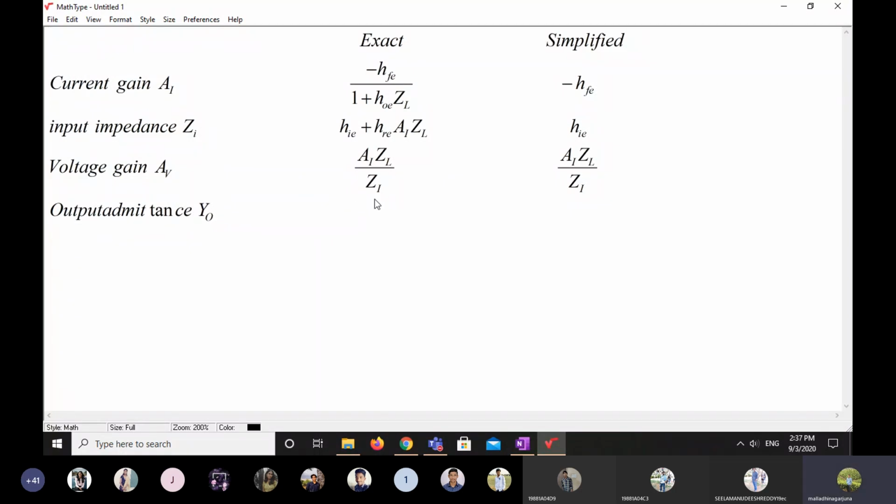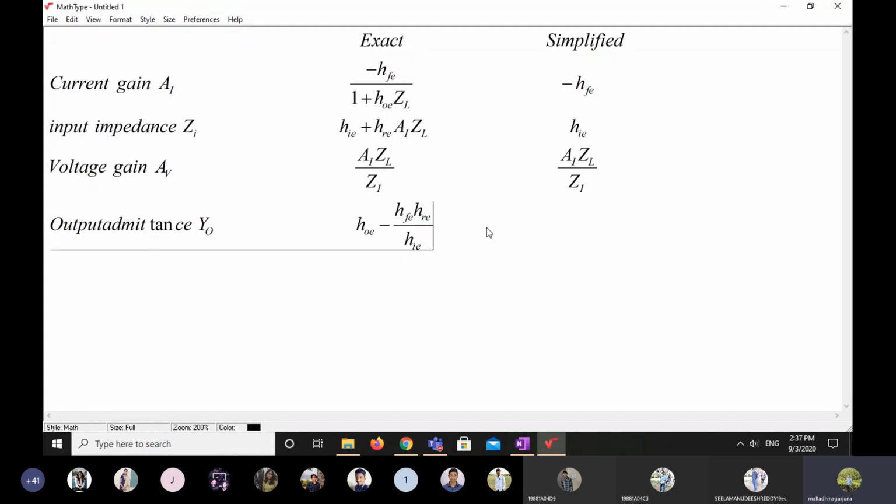Okay, so here it is HOE minus HFE HRE by HIE, and it is 0.